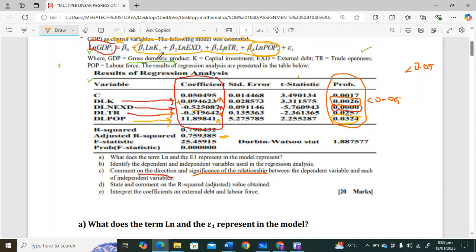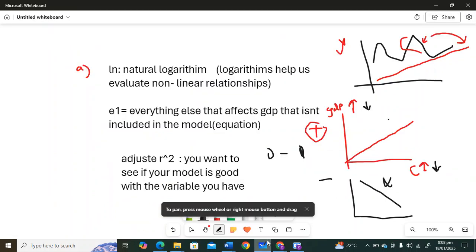The closer it is to 1, the better the variables fit the model. And if it's close to 0, it means you have to change those variables in your equation. You need to find new ones because they don't truly affect the dependent variable.